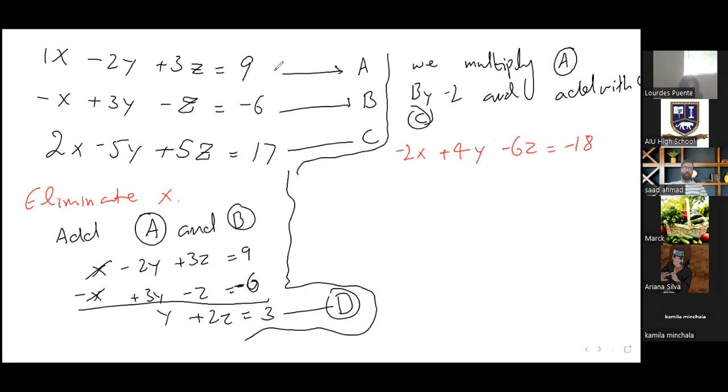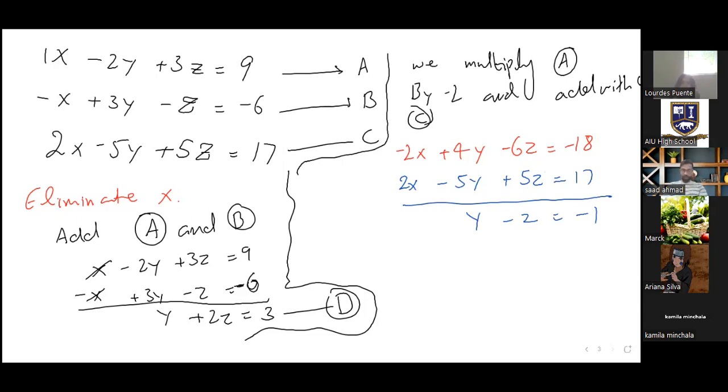All right, so I get that. Now I add it with equation C. Let's add them. So x and x will cancel out. This will give us y minus z equals -1.